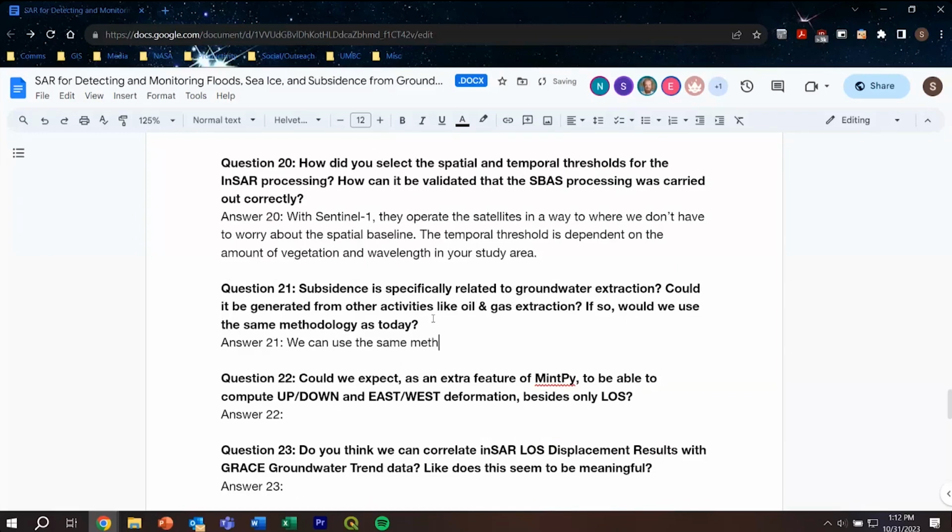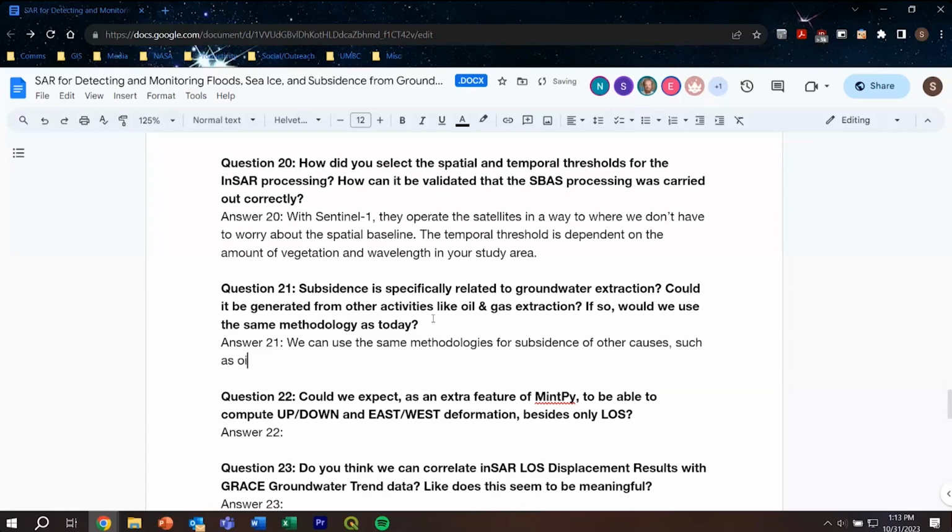In fact, I studied subsidence due to oil extraction about 25 years ago in very close to this area in California. There's some very rapidly extracting oil fields. So it's the same methodology.